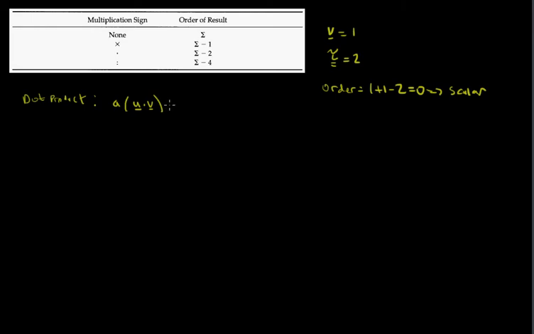So in mathematical notation, I'm going to transcribe this. The way that you would write this is the dot product is defined as the vector u multiplied by v transpose. And the way to make sense of this is just to look at the dimensions.